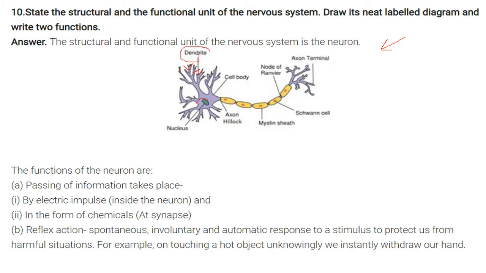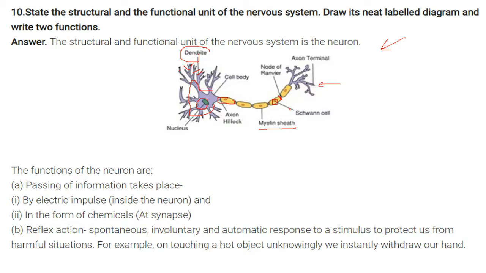Inside we have a nucleus. This whole part is the cell body. Then we have the axon hillock, and then the myelin sheath. The orange part inside is the Schwann cell, this is the node of Ranvier, and finally this is the axon terminal.